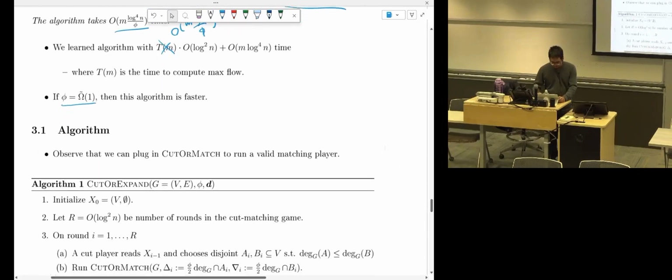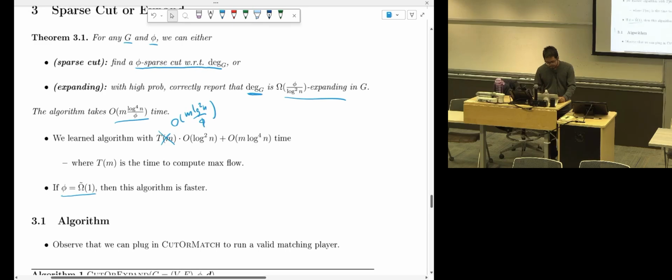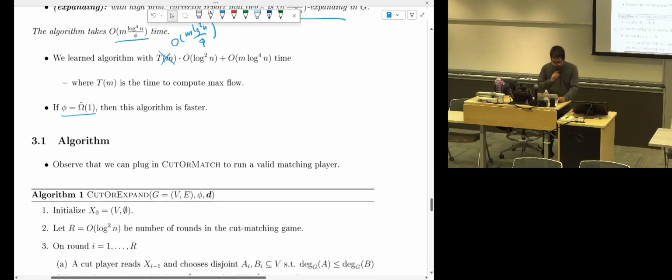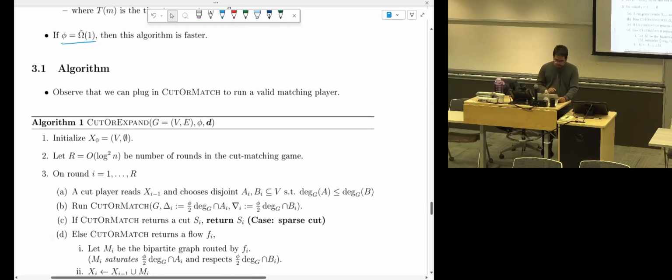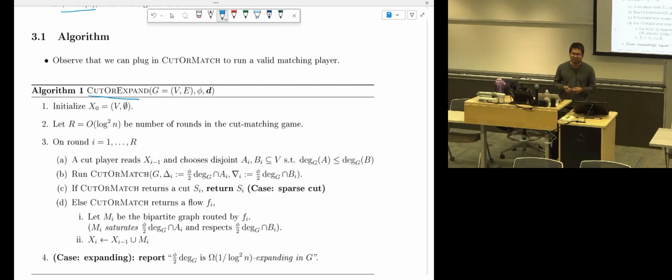Okay, so let's just go through this. I'm going to recall quickly the algorithm to solve this problem, even when you use black box max flow.